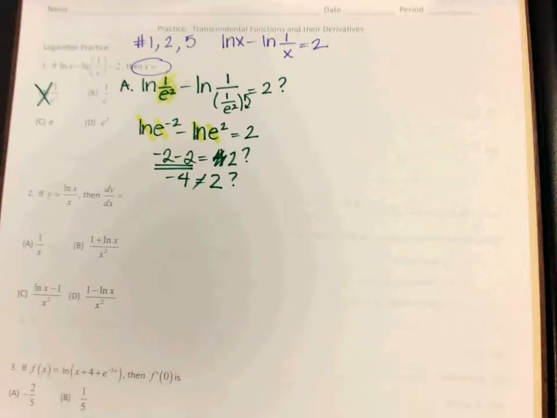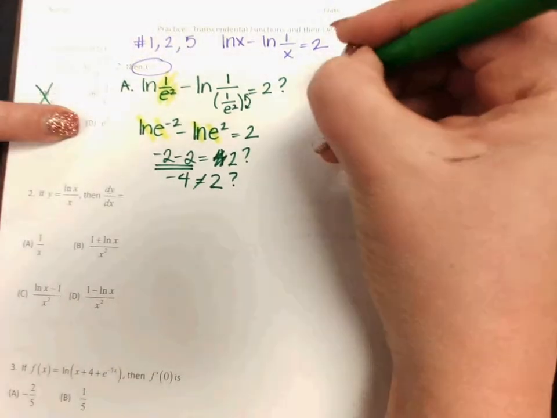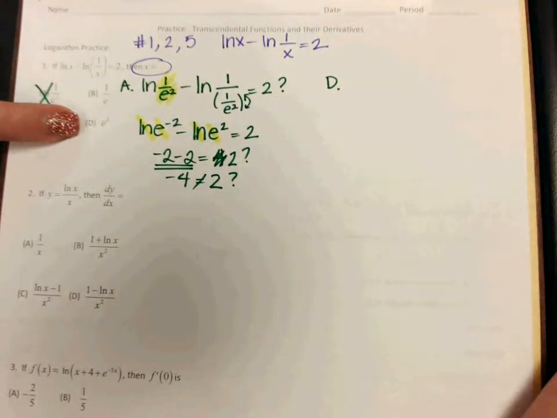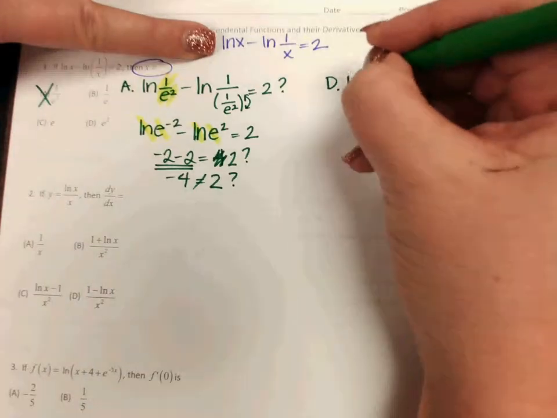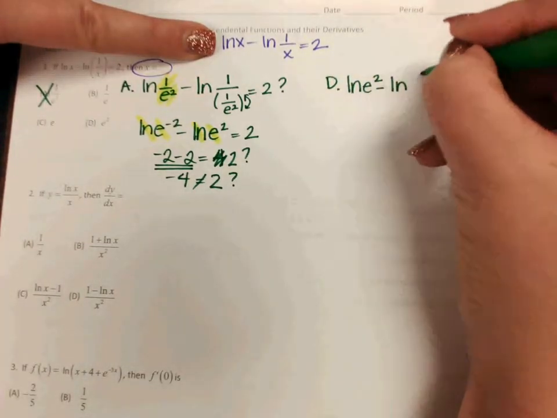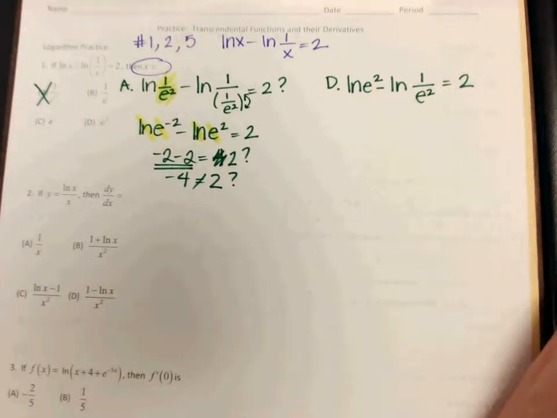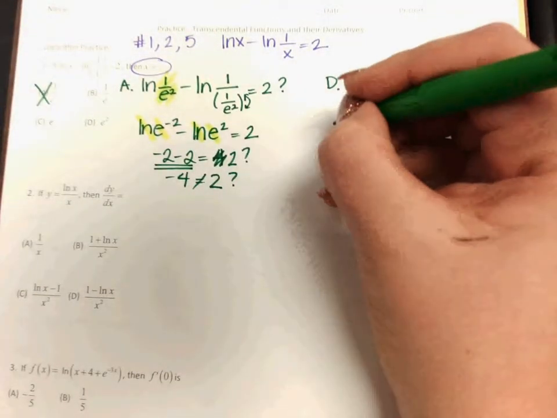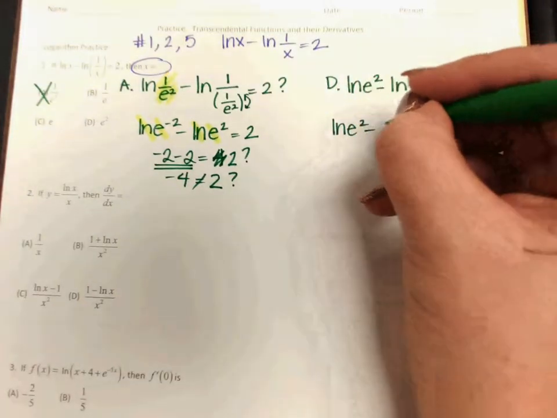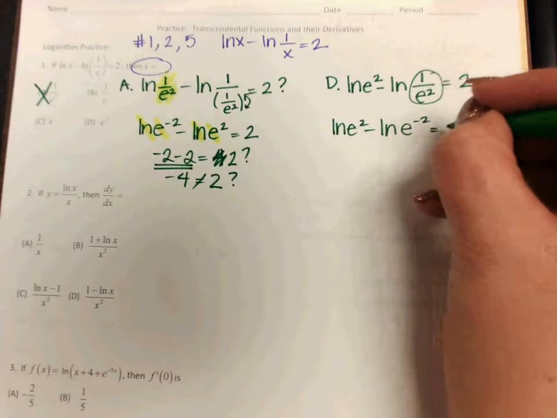I'm going to help you check one more. Let's check answer choice D. If I'm checking D, I would do the ln of e squared minus the ln of 1 over e squared equals 2. Then I'm going to take one more step here and say that this 1 over e squared is really an e to the minus 2.